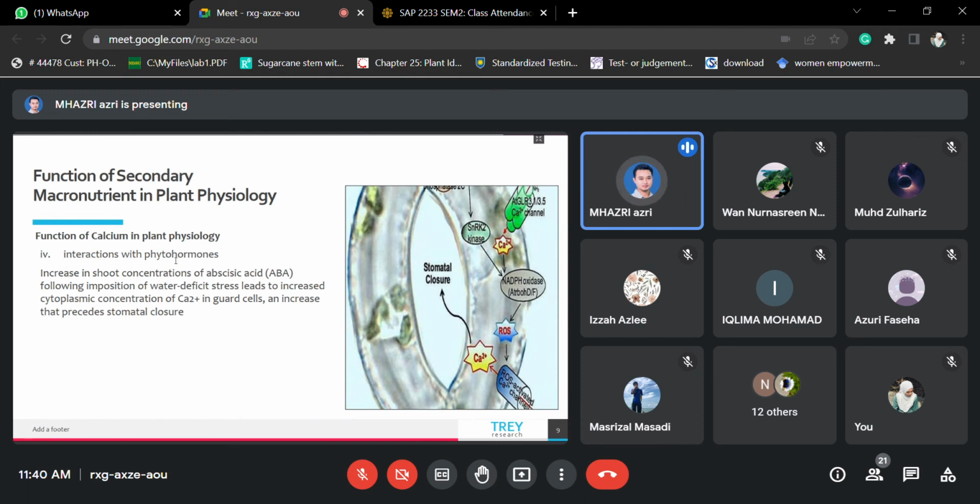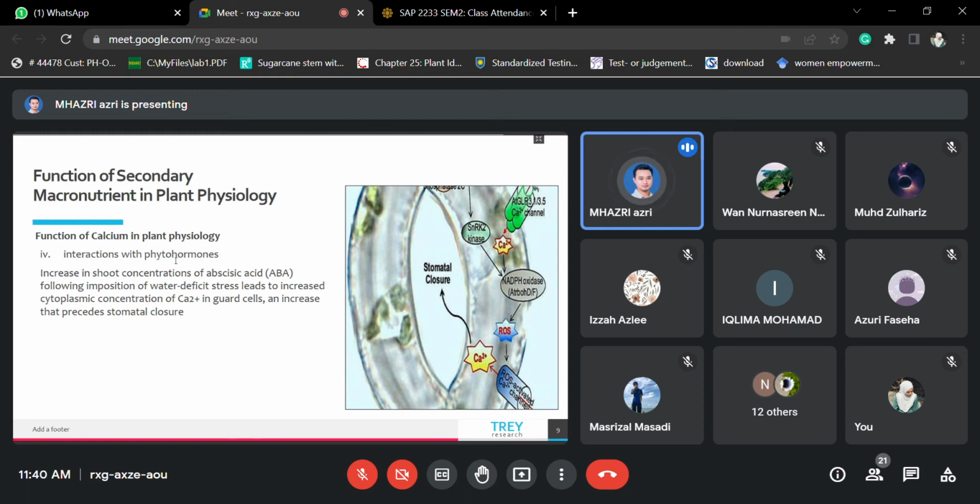So, biasanya waktu tengah hari, bila intensity cahaya matahari itu sangat terang, biasanya stomata tu akan tertutup. Sebab apa? Dekat guard cells tu, dia ada photoreceptor. Dekat tengah hari, when the sunlight hits the photoreceptor at a certain intensity, when it reaches a certain threshold, it will activate the potassium pump.